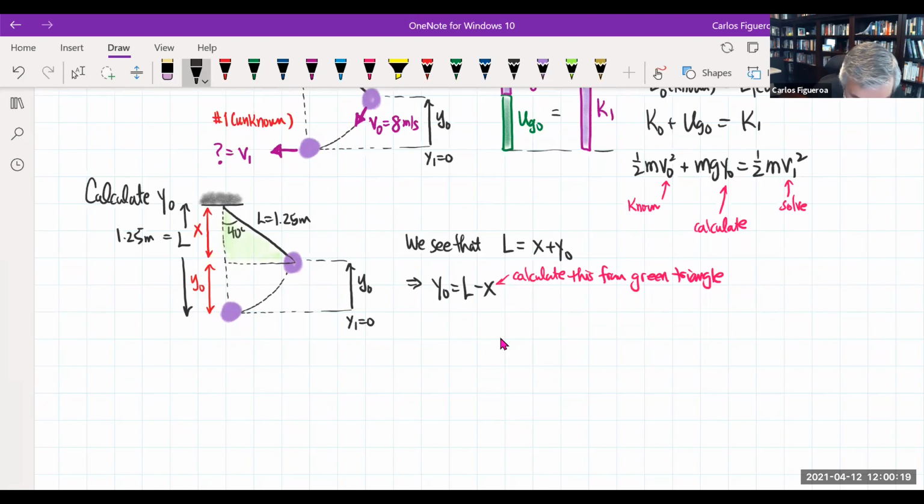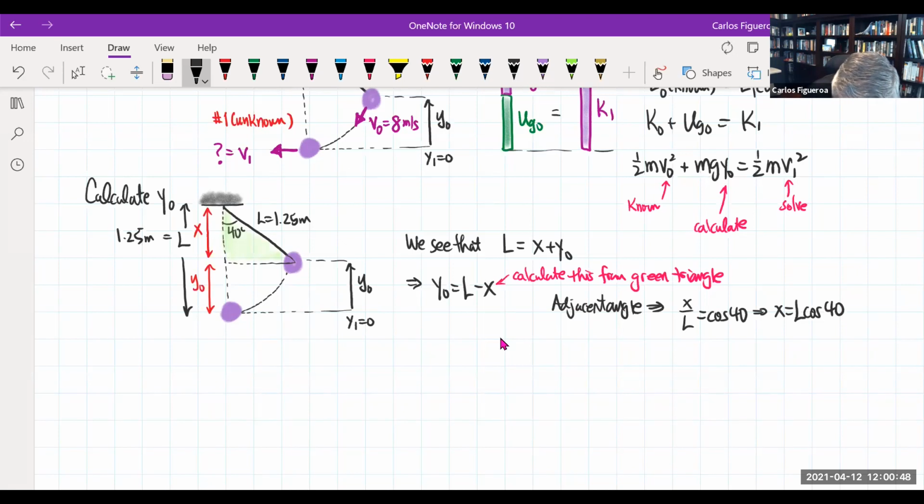So therefore, I have to use the cosine because it's the adjacent angle. So if you look at this, this tells us that x over L must be cosine of 40, or x is going to be L cosine of 40. So I now know what x is here.